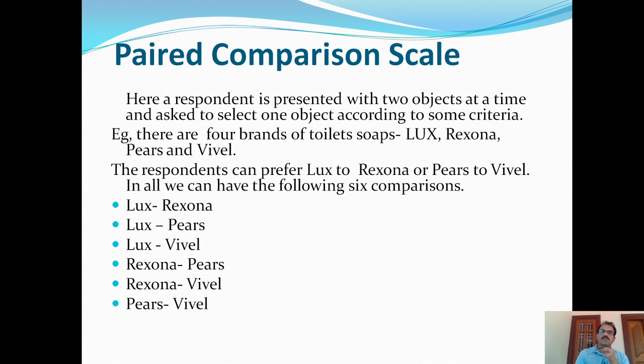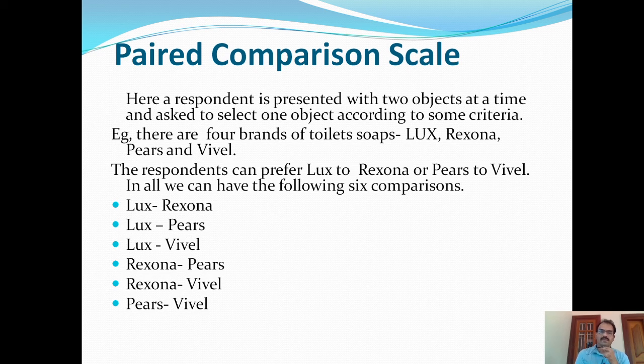So, paired comparison scale. Here a respondent is presented with two objects at a time, and asked to select one object according to some criteria.